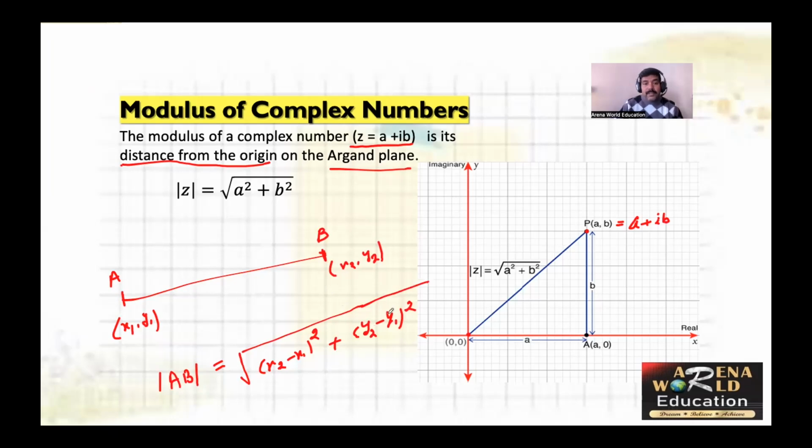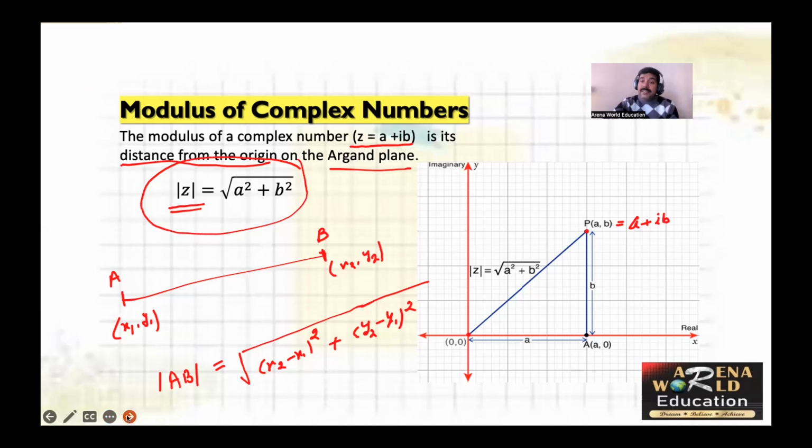Here x2 is a, and y2 is b. x1 y1 are 0 0. So mod z, the distance from 0 to the point, is the modulus of the complex number. This is represented with this sign, right? So mod z is equal to under root a square plus b square. This formula is very important, right?